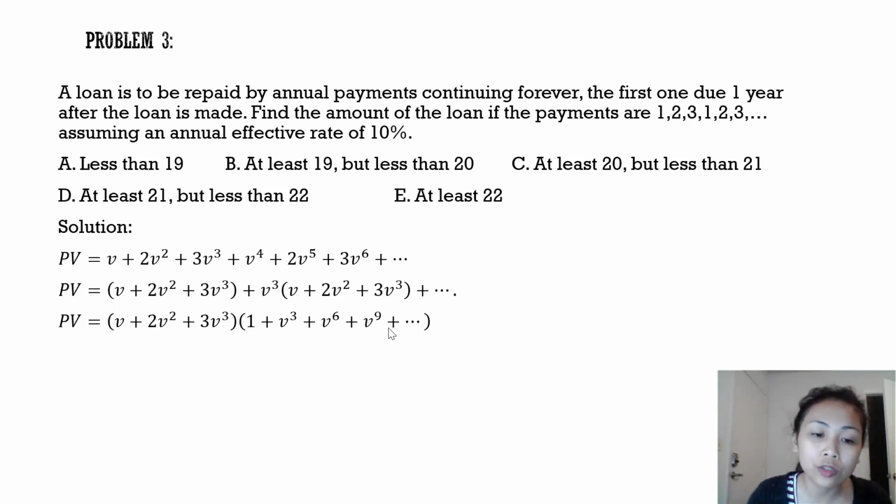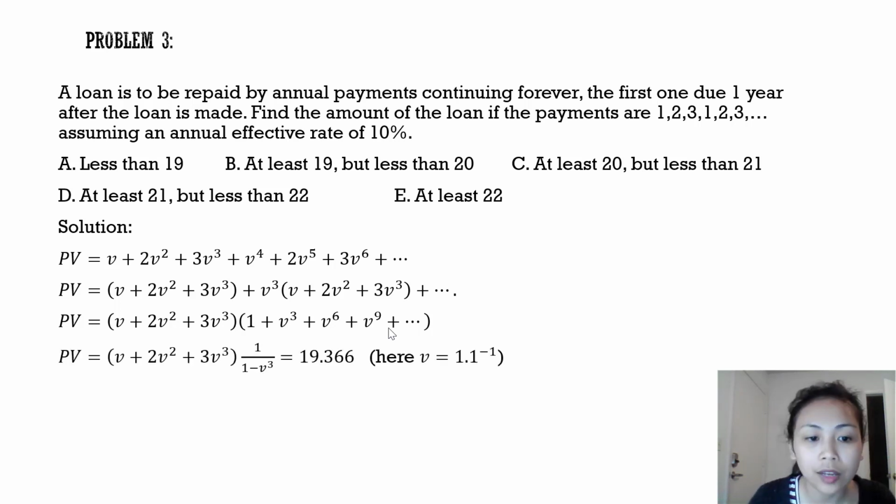Using the geometric series we learned last time, we are going to calculate the present value. The first factor is the same, v plus 2v squared plus 3v cubed, and the last factor is 1 over (1 minus v^3). And we use v equal to 1.1 to the negative 1, because the effective rate i is 10%.